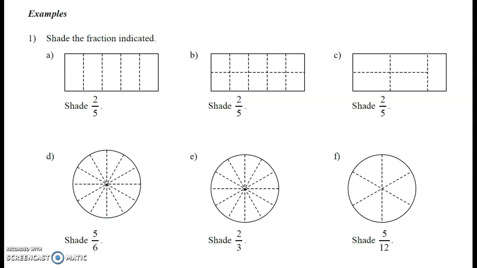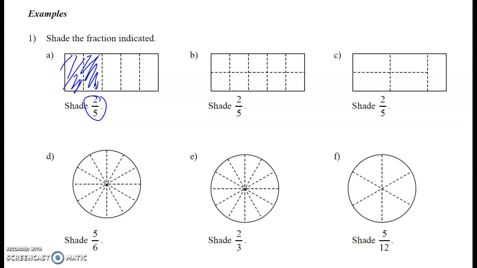We're now going to shade in some of the fractions that are shown here. If 2/5 of this whole has been shaded, then we've got 5 equal parts. If we shade 2 of them in, that would represent 2/5.